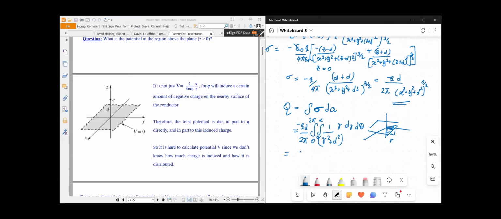So we have minus qd over 2 pi, the angle going from 0 to 2 pi, and we don't have any dependence on theta in this term, so d theta, then r from 0 to infinity, r over r squared plus d squared dr.